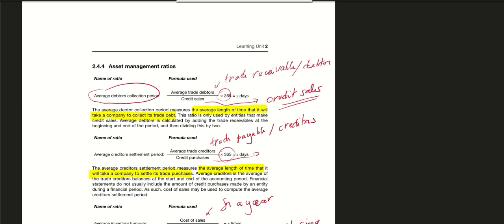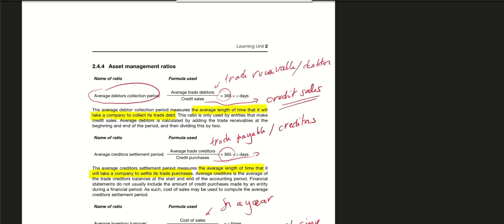So it's quite important to know what is the average debtor collection period. We're talking about a period, and that's the reason why we are using the 365, which is the yearly. We're looking at the year, and if we're looking at a period, we have to always think about an average. And that's why, beginning of the year, end of the year, if we have those, we can add them together and divide by 2.